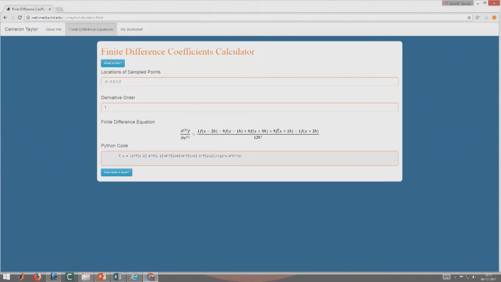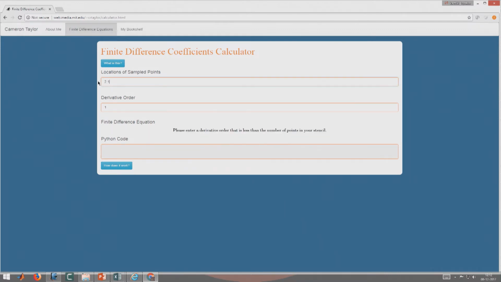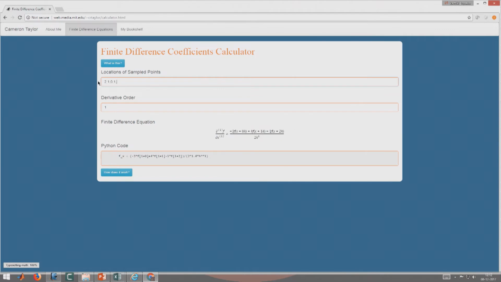So we have 8, 8, minus 1, plus 1. We can change these sample points and you will end up with different coefficients. For example, if I change it to 0, 1, 2, you see this is how it will look. It is estimated at 0, at plus h, plus 2h, and the coefficients are minus 3, plus 4, and minus 1.